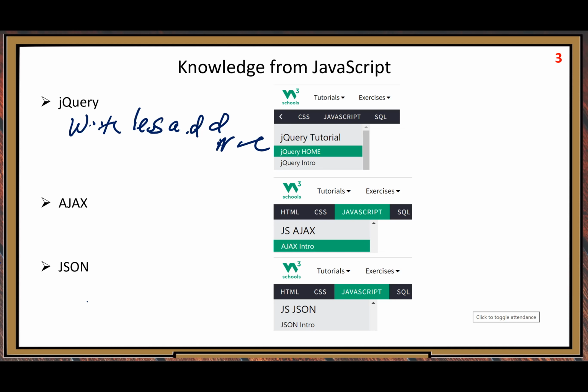The main purpose of JSON technology is that we want to send structured data, not just plain data. If you send plain data without structure, then you do not need to use JSON.